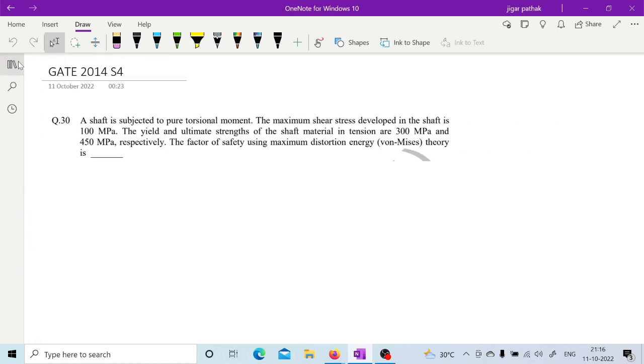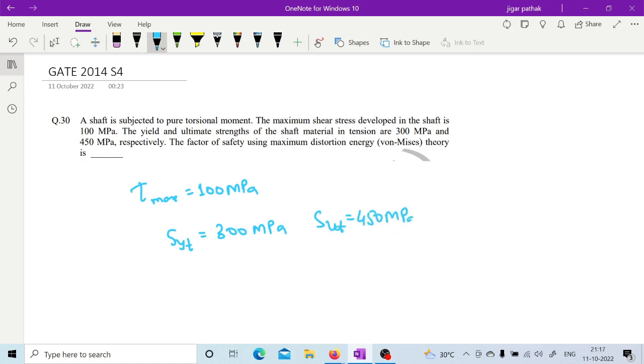Now next is this one, 2014 session 4. A shaft is subjected to pure torsional moment. The maximum shear stress developed in the shaft is 100 megapascal. Then the yield and ultimate strength of the shaft material in tension are 300 megapascal and 450 megapascal respectively.